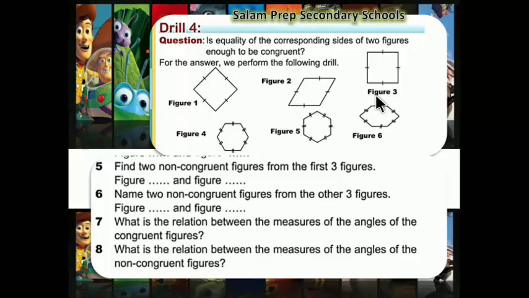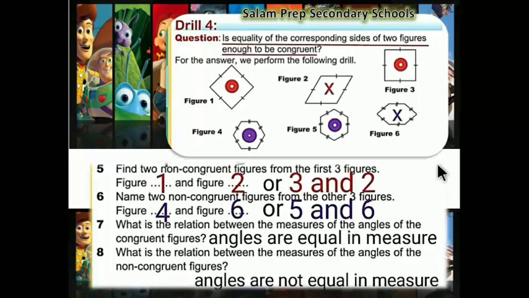Which two figures are not congruent? Excellent. Figure 1 is not congruent to figure 2, and also figure 3 is not congruent to figure 2.